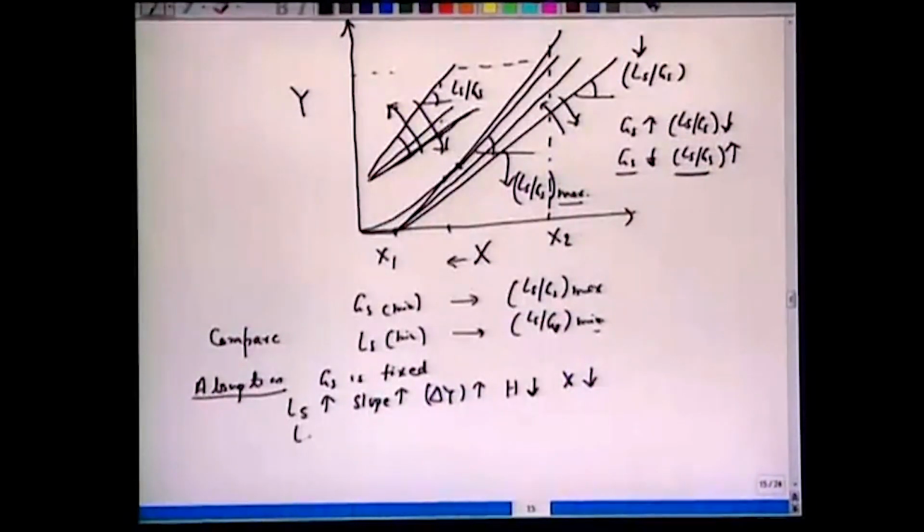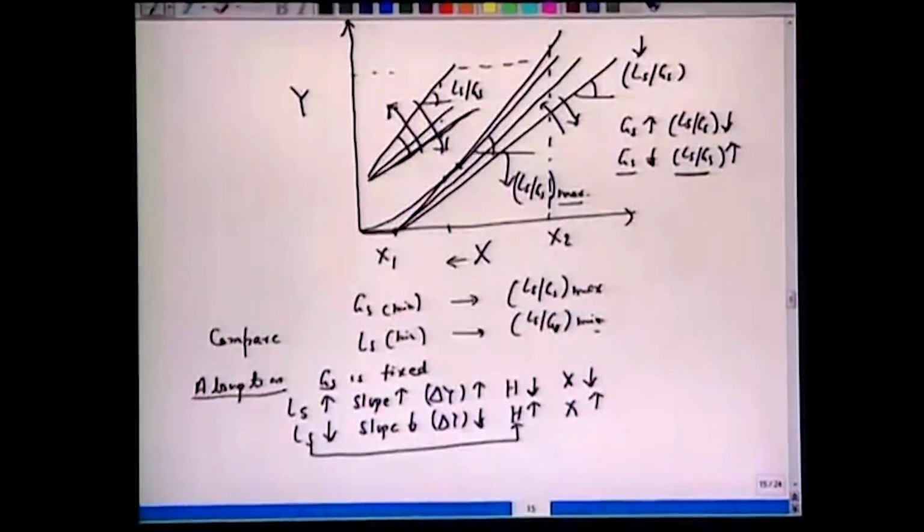On the other hand, if we decrease LS for a given GS, then slope decreases, driving force decreases, height of the column increases, and x increases. So look at the economy here, LS and H. If the amount of LS decreases, height increases.